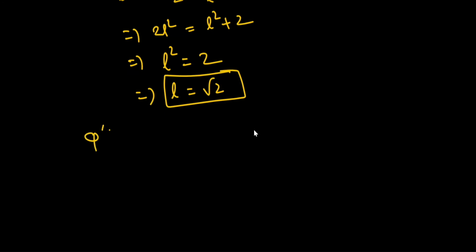We all know that the condition is |φ'(x)| < 1. You can take x0 and so on instead of x.